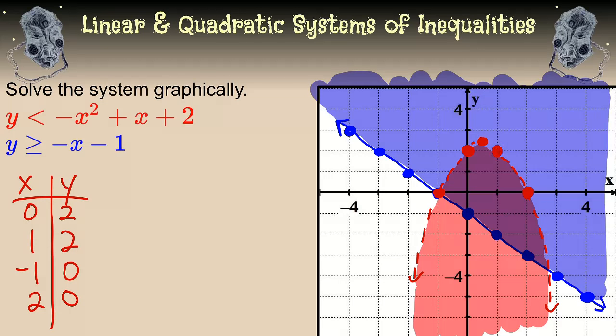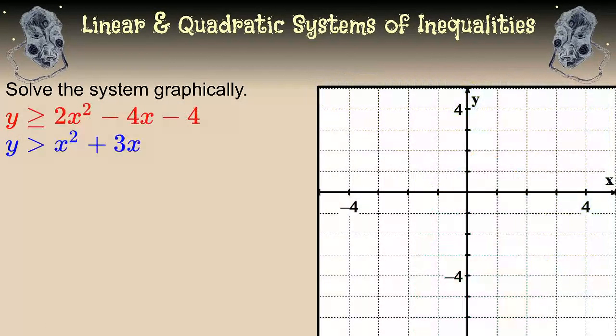Is the point (0, -1) a part of the solution set? Yes, it's on a solid line for the blue, and it's clearly in the red. So (0, -1) would be a solution. All right? So that's a way to think about the solution set as well. Questions there?